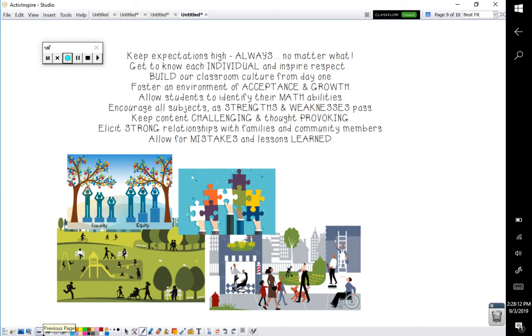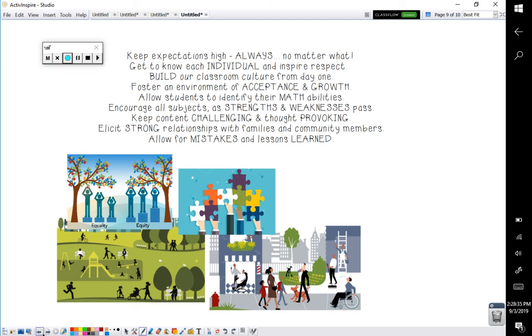And wrapping up the final pictures that I had chosen that come together to show what this would look like in the ideal curriculum and ideal classroom setting. Our goal ultimately is to keep expectations high and get to know our students, get to know and allow for respect, build our classroom culture day in and day out.